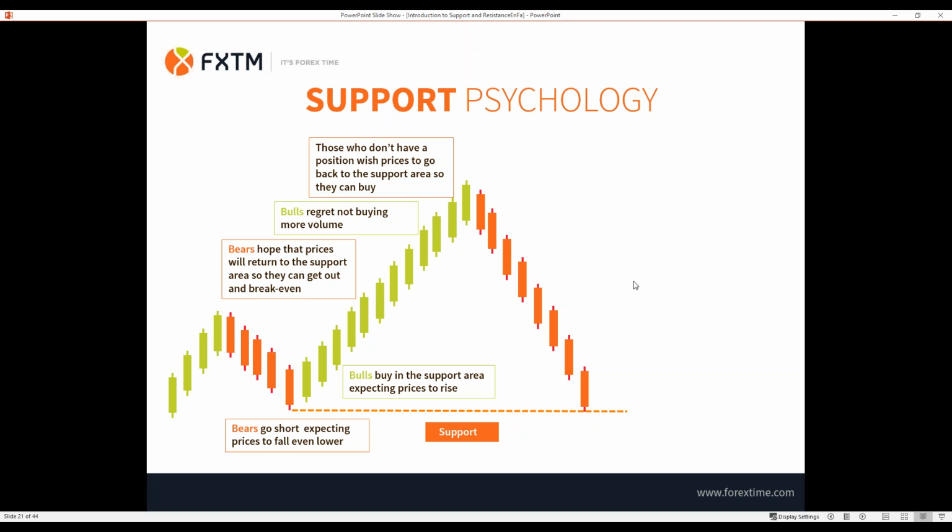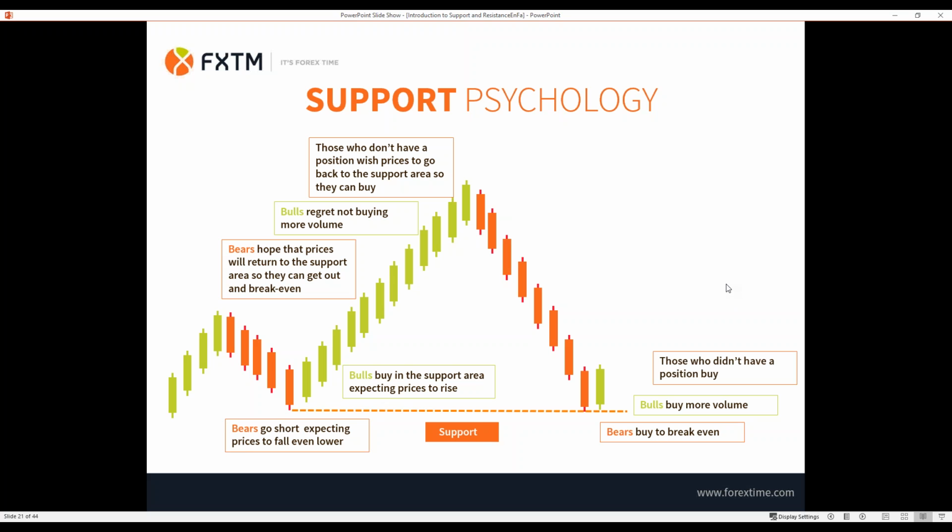Now, what happens here? The bears that shorted, that sold in the beginning, want to get out, and what should they do? They should buy to break even. So the bears buy. The bulls buy so they can increase their volume.